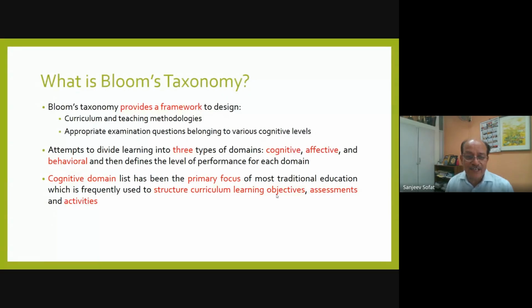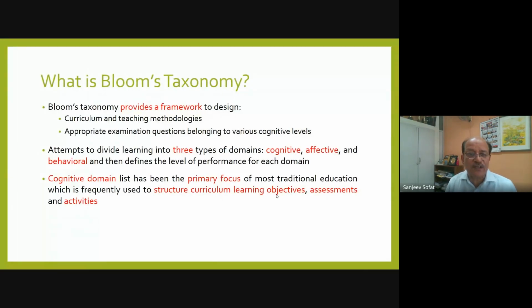These are different types of examination which we perform upon the student, based on various cognitive levels. We usually say there are three types of domains: cognitive, affective, and behavioral. That's how you would define the performance of a student.